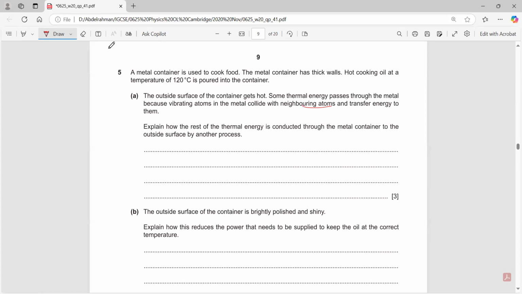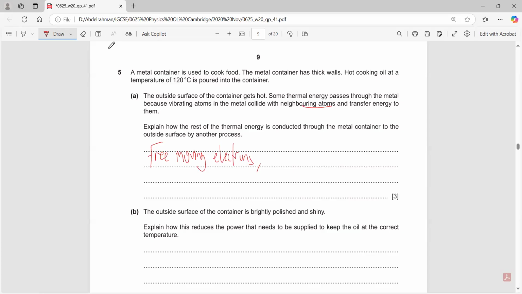How about the remaining energy? How do you transfer the energy in the metals? Through the free moving electrons. If you want to say delocalized electrons, again, it's okay. What do free moving electrons do?